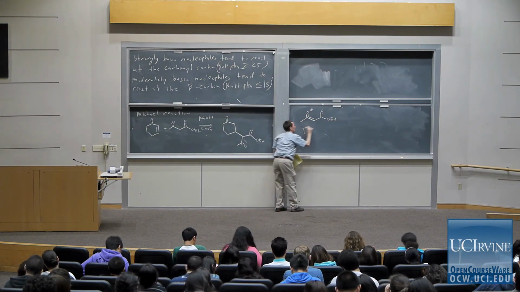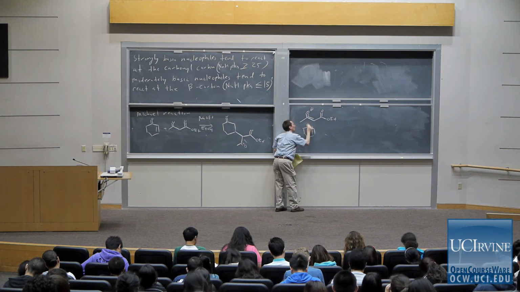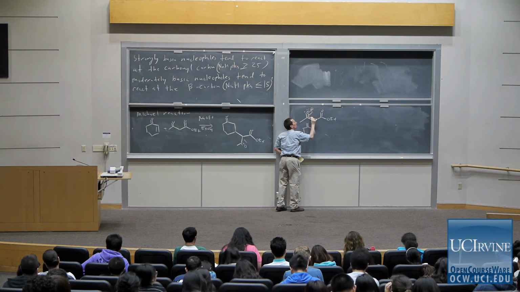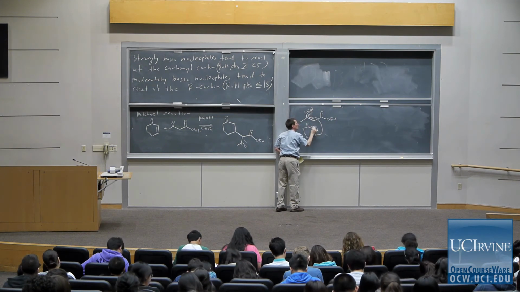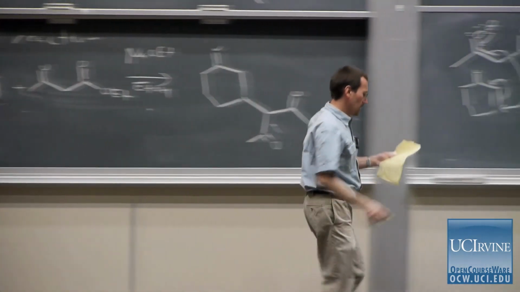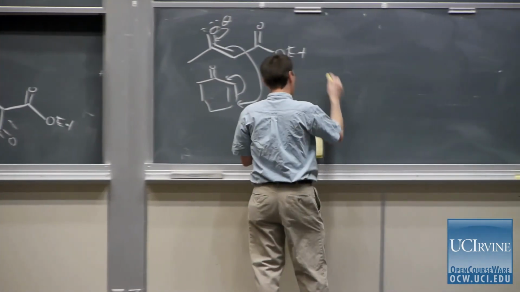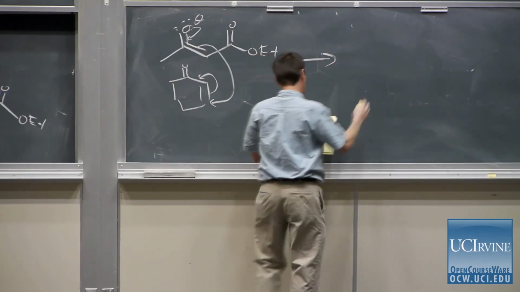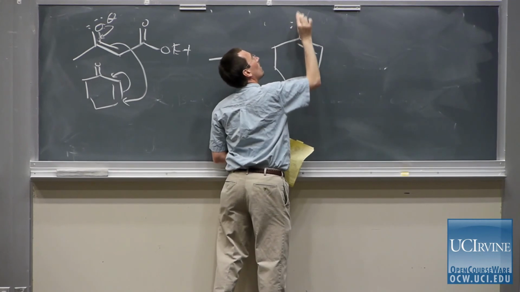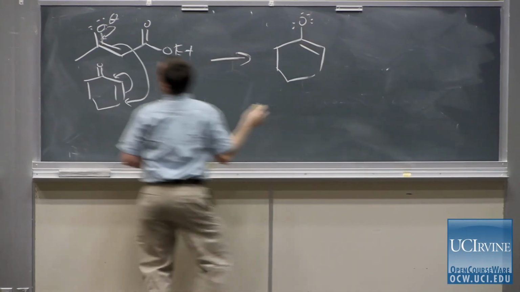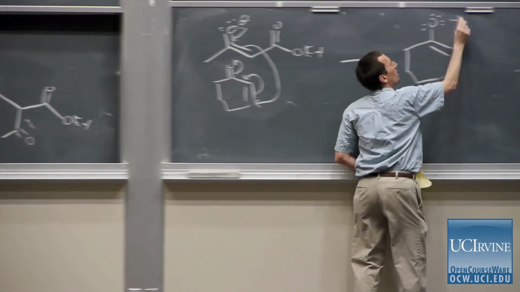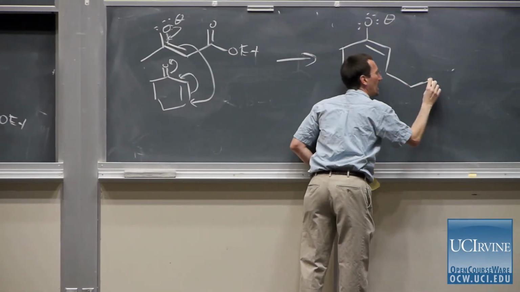The enolate can add in to the beta position of the alpha beta unsaturated carbonyl compound. So we push electrons up onto the oxygen. We have our negative charge on the oxygen.